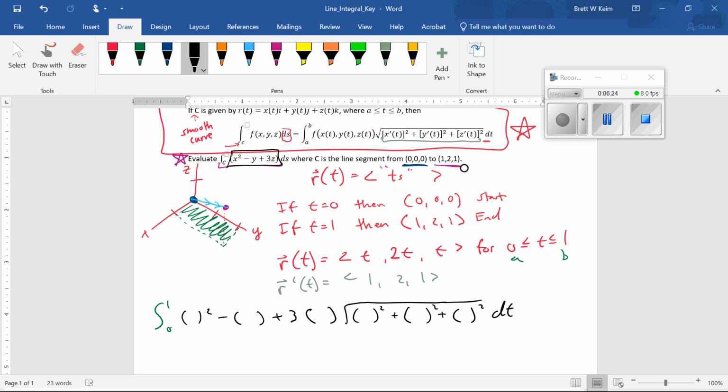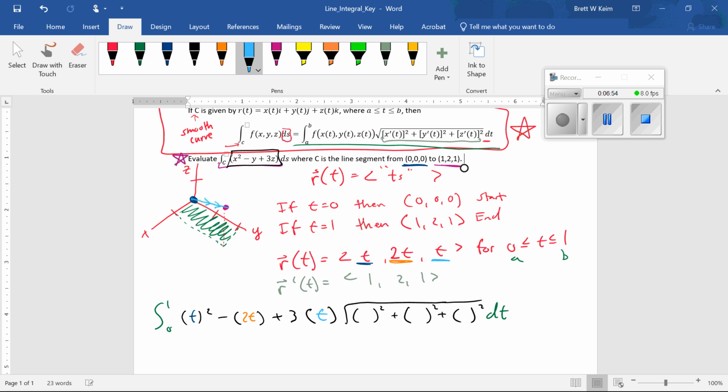And please don't be freaked out by all the blanks, right? I'm simply using this formula up here and just not filling in the stuff because I'm going to in a second. I know that my x portion is just this t. Oh, so t would go in here. Then I know 2t is my y portion, and z is just this t.